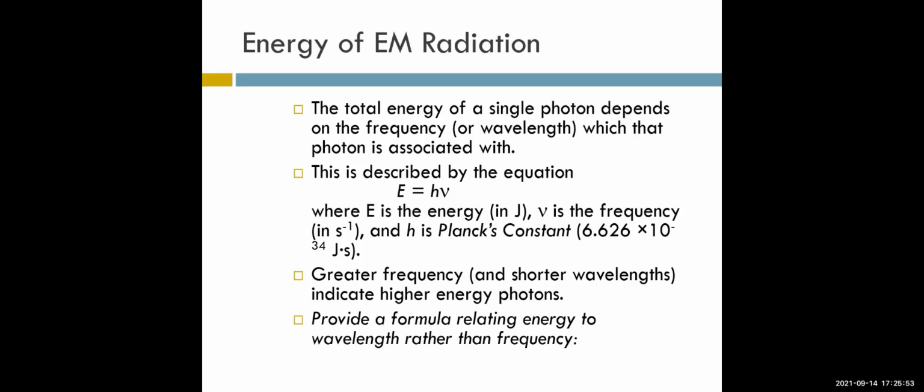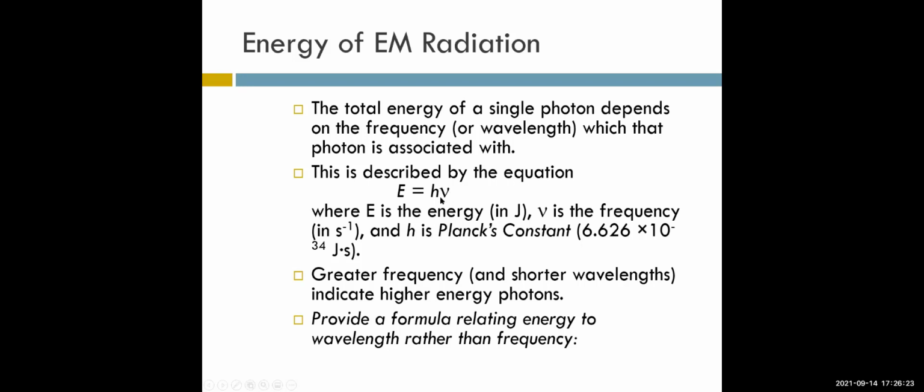Now, there is a correspondence between the energy of a photon of light, that's how we're thinking of light as a particle, and its frequency, using this very vital equation. The energy of a photon is h, which is called Planck's constant, times the frequency.